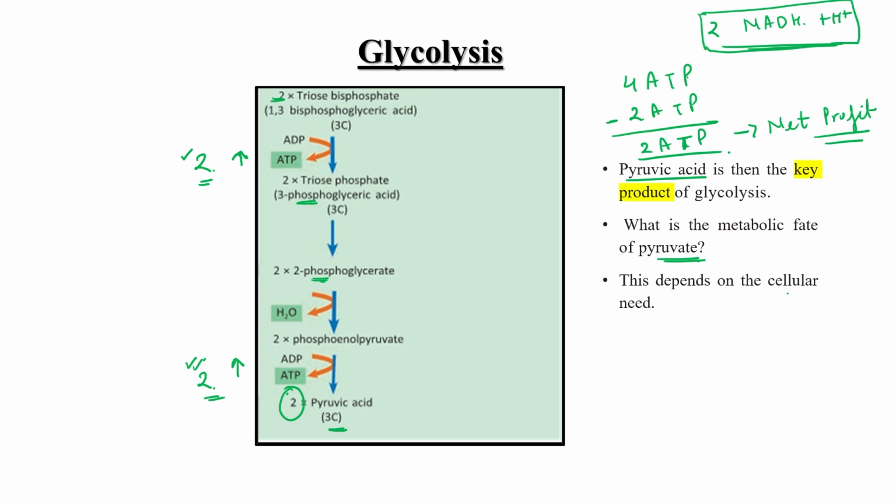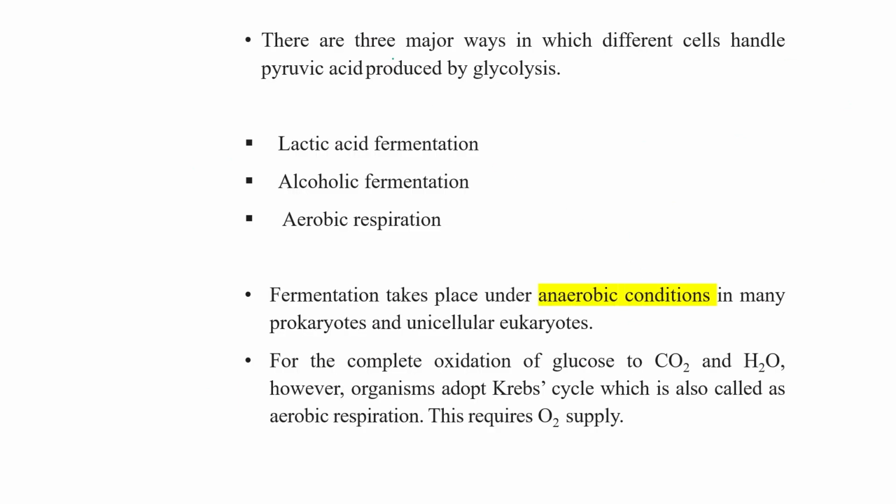Let's say there are 3 major ways to handle this pyruvic acid which is produced by glycolysis. One is lactic acid fermentation, second is alcoholic fermentation, and third is aerobic respiration.